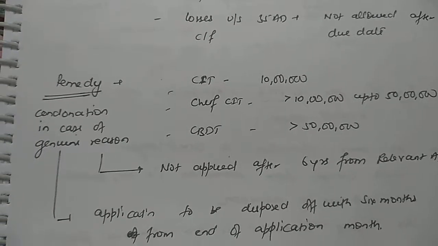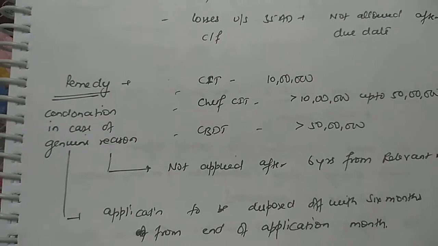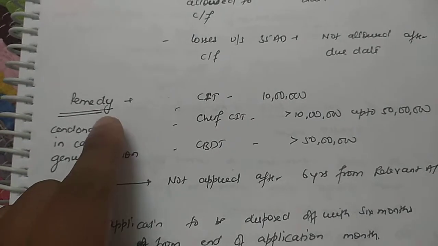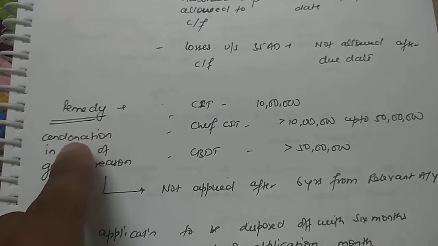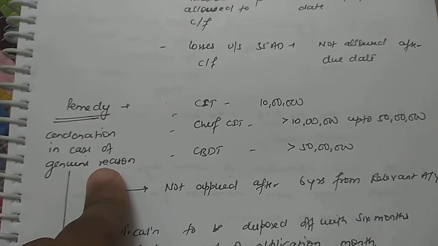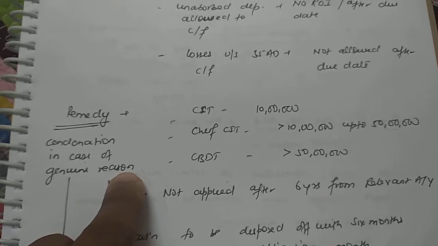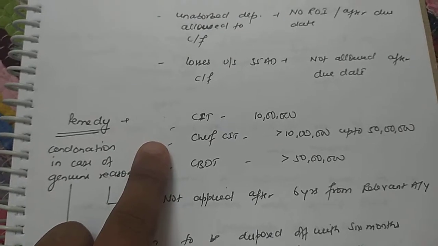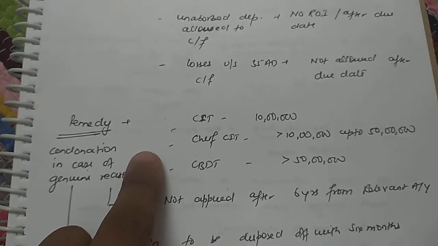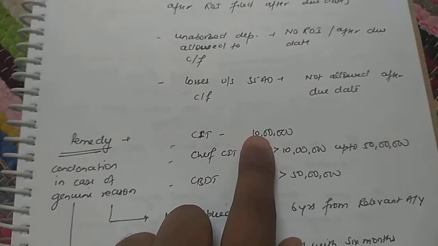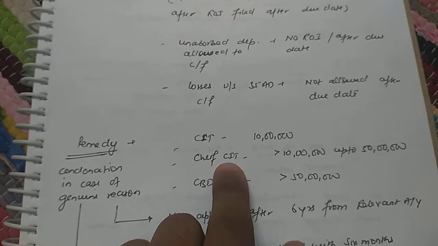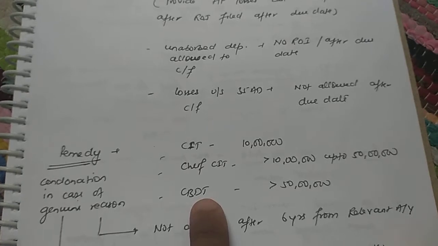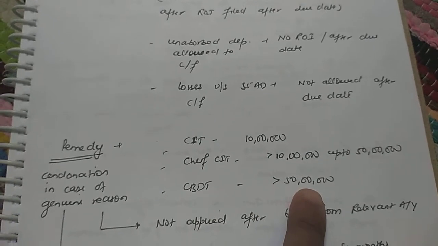This section also talks about the remedies available to the assessee if they file their return of income after the due date. The remedy is that, if there is a genuine reason due to which they were not able to file the return of income on or before the due date, then they can file a condonation request with the CIT if their loss is up to 10 lakh, with the Chief CIT if their loss exceeds 10 lakh but is up to 50 lakh, and with the CBDT if their loss exceeds 50 lakh.